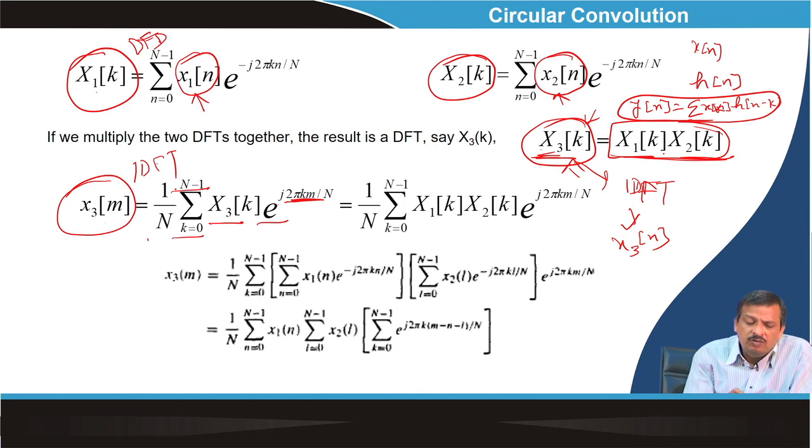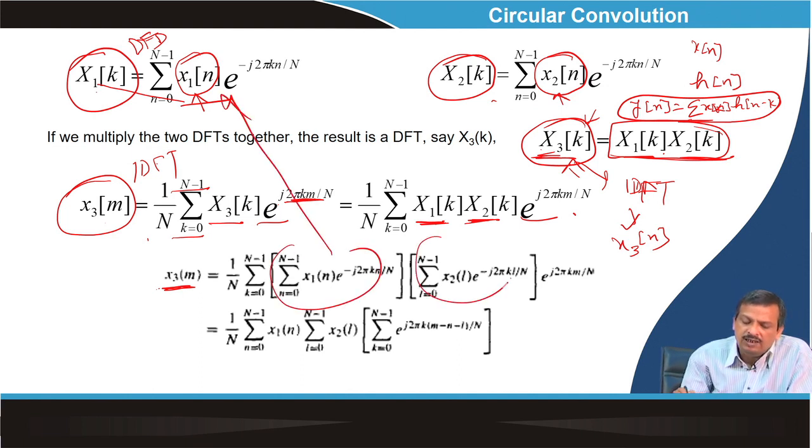Now, I put the value of X3[k] as X1[k] multiplied by X2[k], and the exponential remains the same. So, in x3[m], I put the values of X1[k] and X2[k]. Here I change the summation index: for one signal I take n, and for the other, instead of n, I take l, because they are two different signals, to distinguish them.